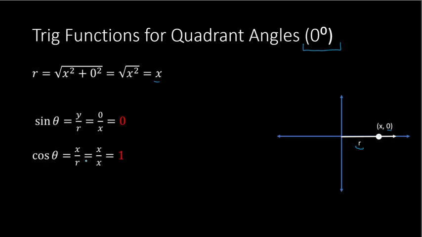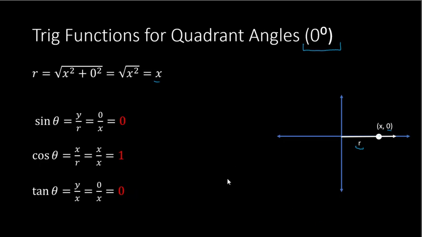Remember r and x are the same length. So we're dividing x by x, or x by itself, which would be equal to 1. So the cosine of a 0 degree angle is equal to 1. And then the tangent of the angle is equal to y over x, which would be 0 over x, or just 0. So the tangent of 0 degrees would be 0.